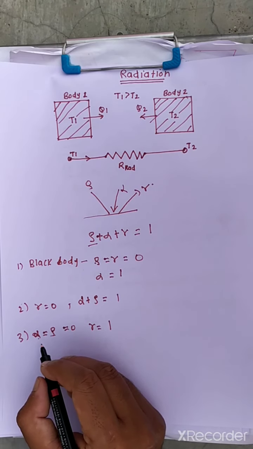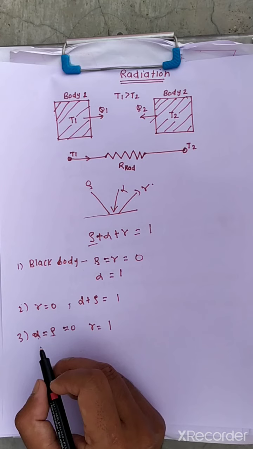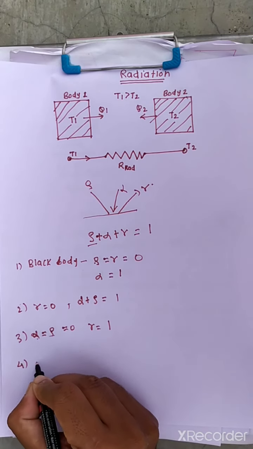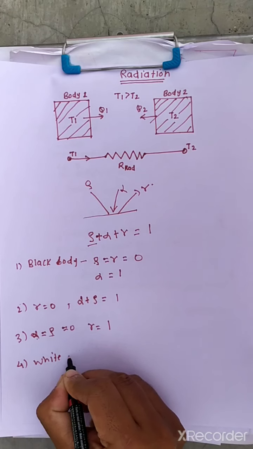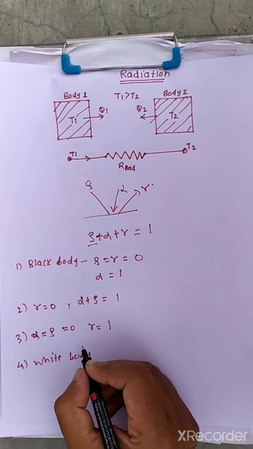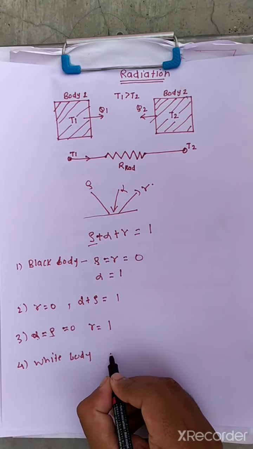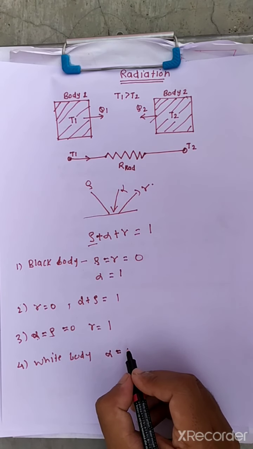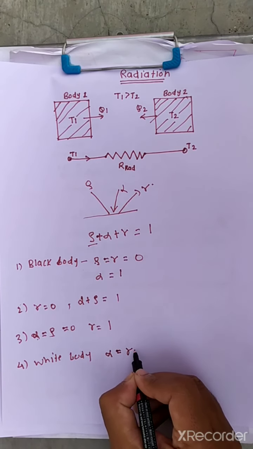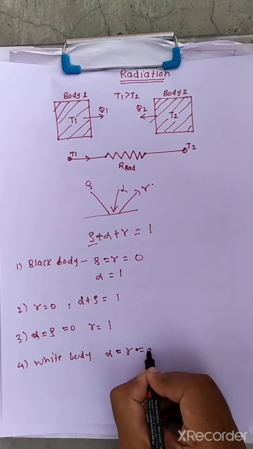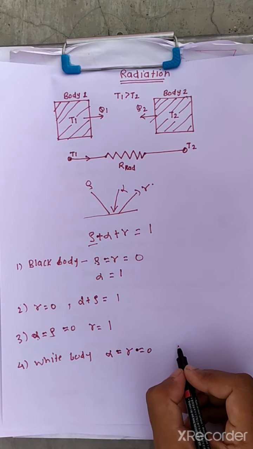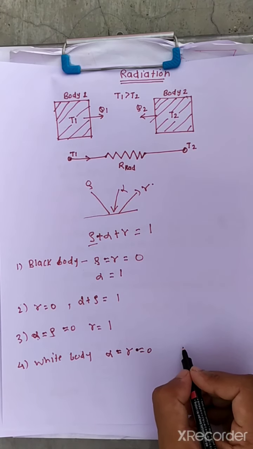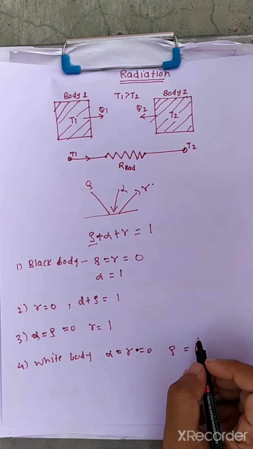The body which reflects the entire radiant energy is called a white body. For such a body, absorptivity alpha and transmittivity are equal to 0 and reflectivity rho is equal to 1.